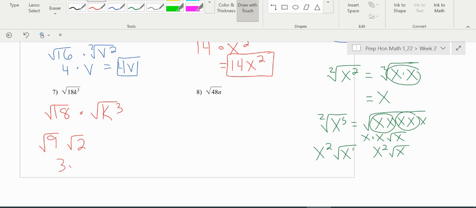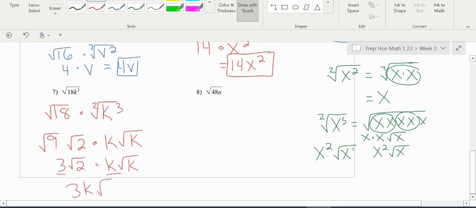So we get 3 radical 2. And then k to the 3rd, again, if you pull out, there's 3 k's. So 3 divided by 2 means 1 k comes out with a remainder of 1. And then anything on the outside goes together. Anything on the inside goes together.